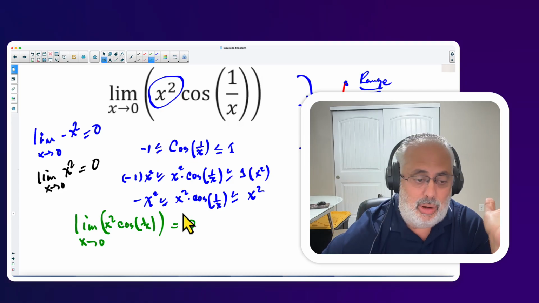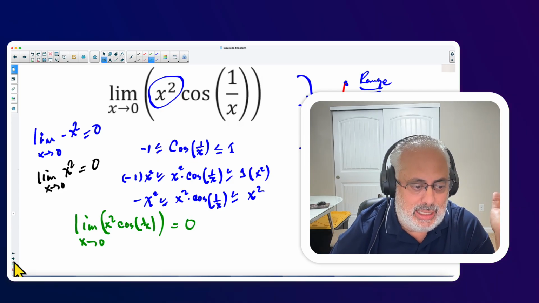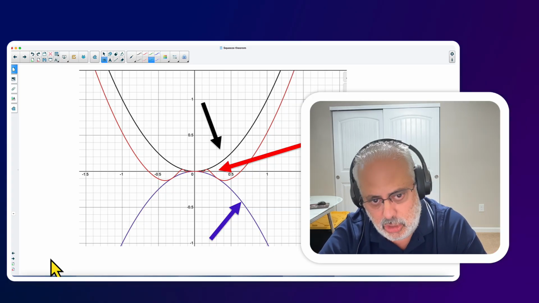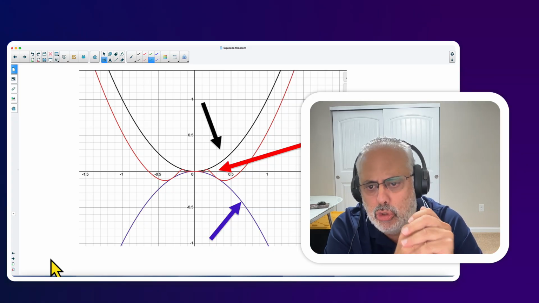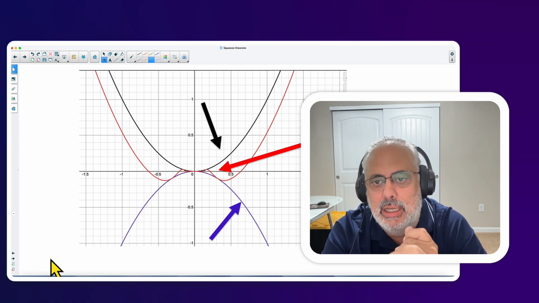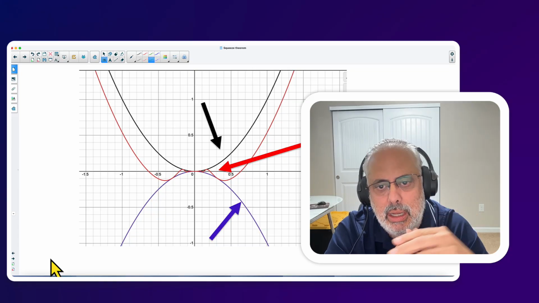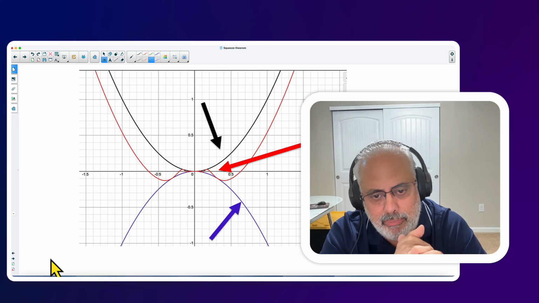I hope that you like it, and I hope that you see the integration between the two perspectives, the geometrical perspective, the visualization, and you can zoom in on your decimals and see the range of the function x squared cosine of 1 over x between 1 and negative 1.